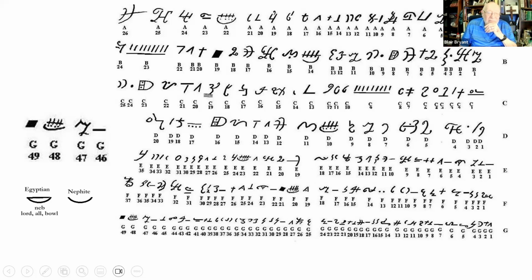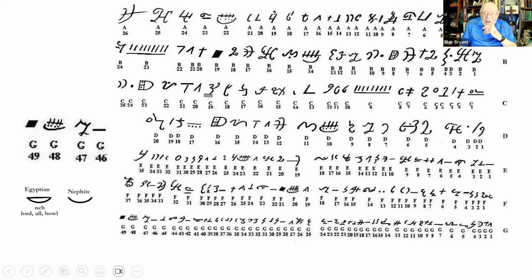No, that's the character that I found. The Egyptian, and all you do is take the top part off, and you've got the bottom curve. See, that fits like it does up there.